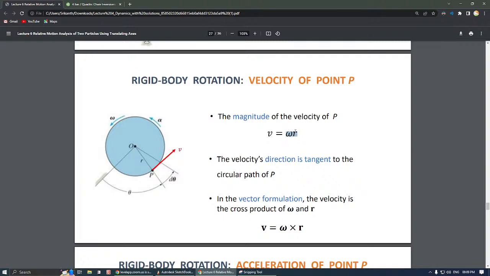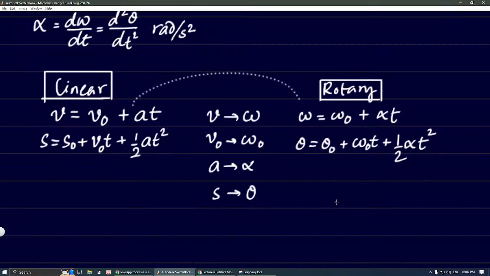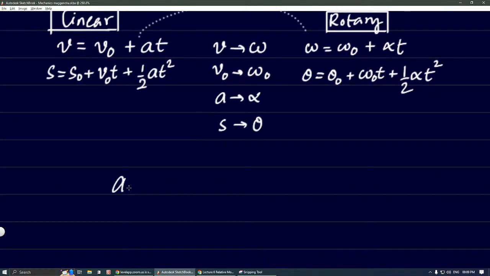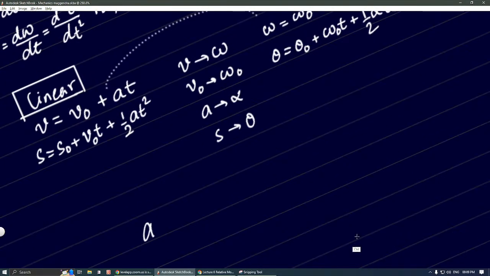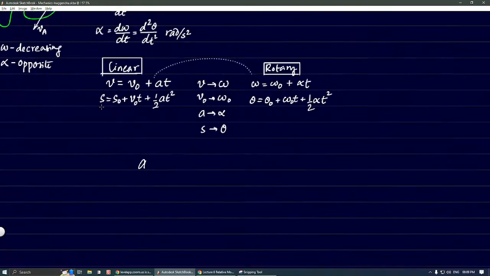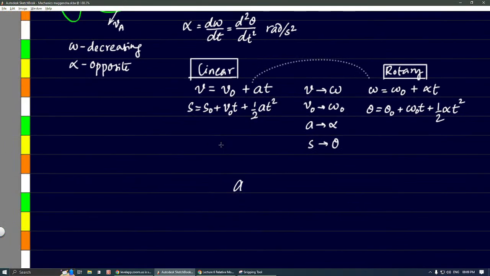V equals omega R. R is the radial distance of the point from center. Velocity in rotary format, right?